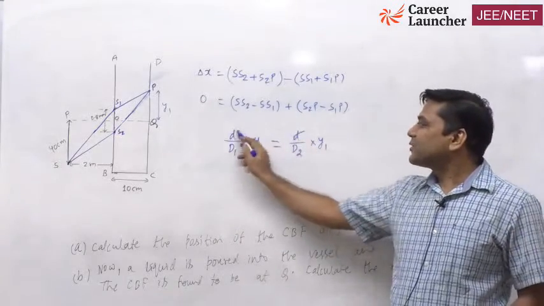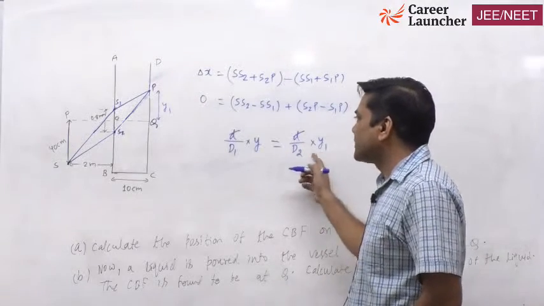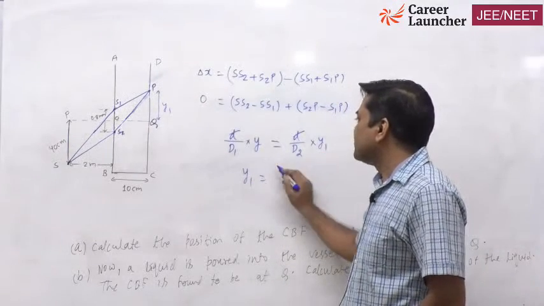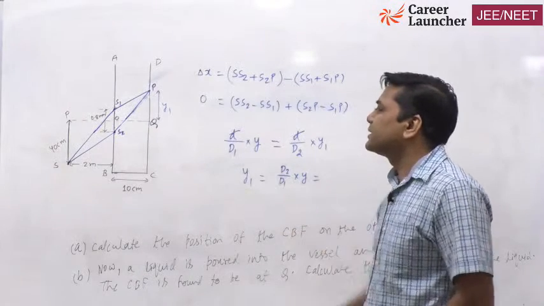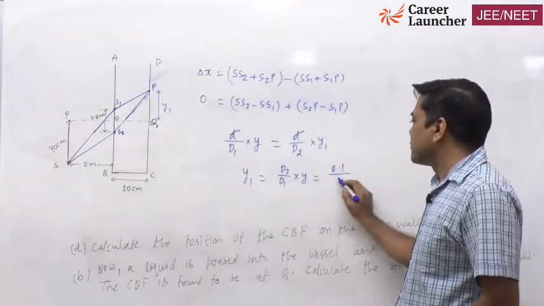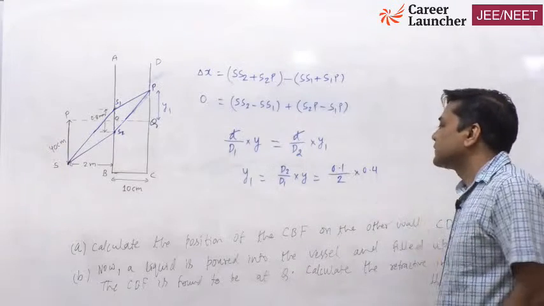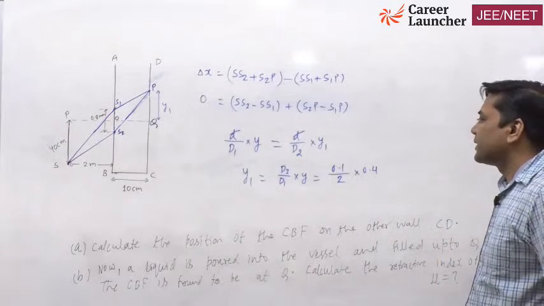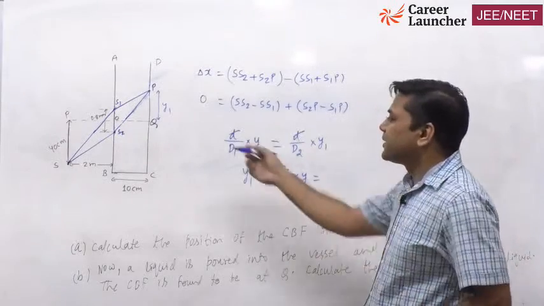The D's cancel out, and then you can calculate the position Y1, which is given by D2 by D1 into Y. D2 here is 10.1 by D1 is 2 into Y. Y is 0.4, or you could have written in centimeter, that will be better.